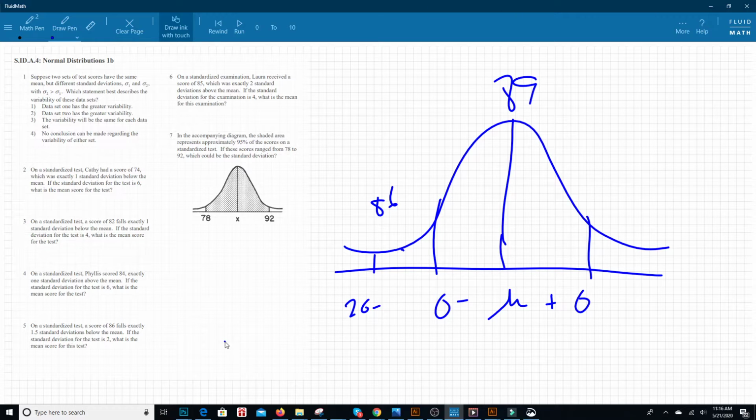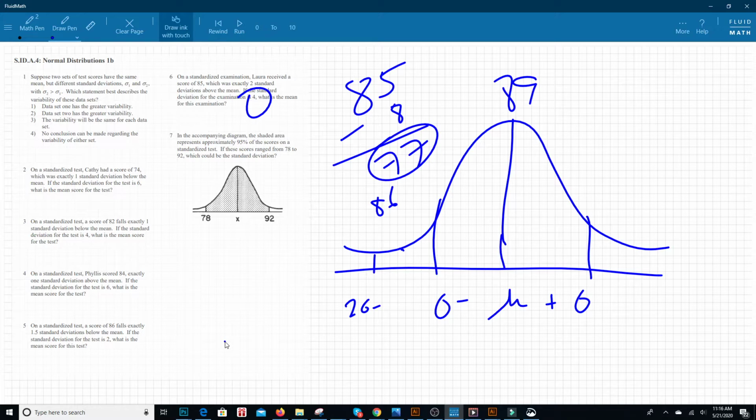So 85 is 2 standard deviations above, so we would essentially just subtract 8 from this, right? Because if the standard deviation is only 4, she's 2 standard deviations above the mean. So it's going to be 85 minus 8, which is 77.